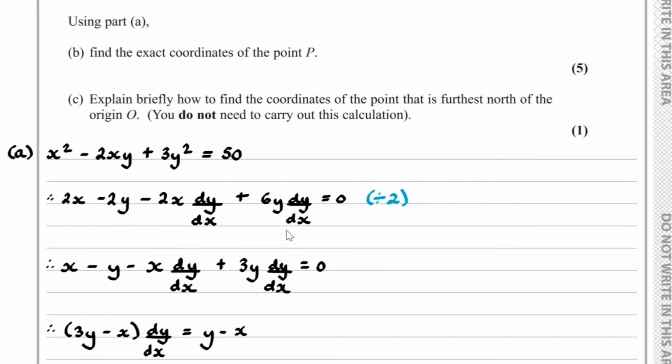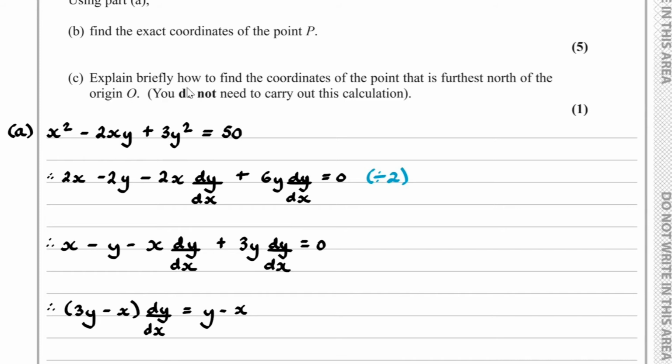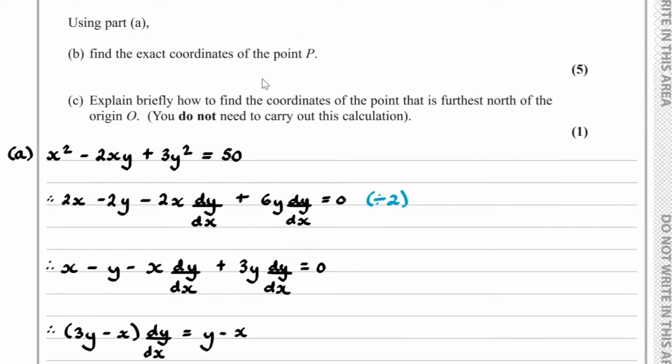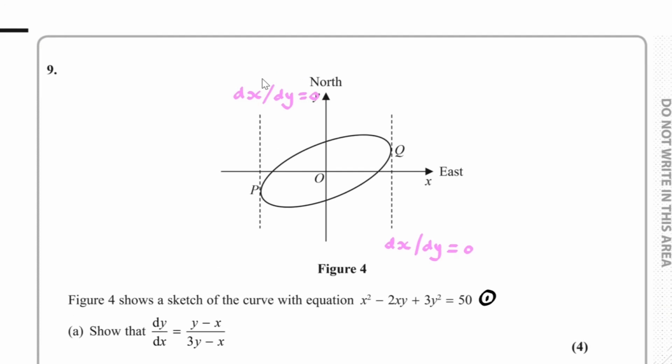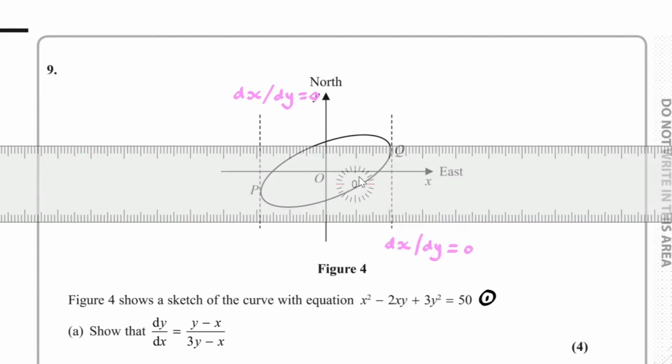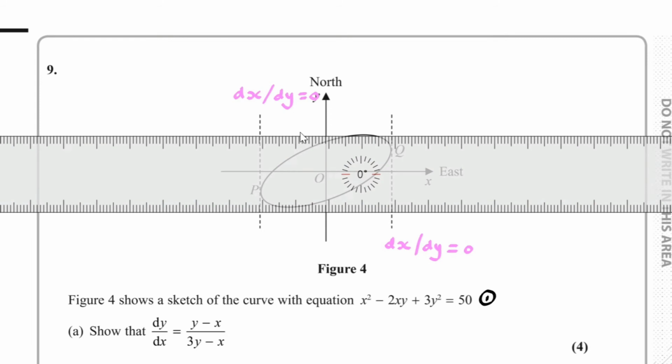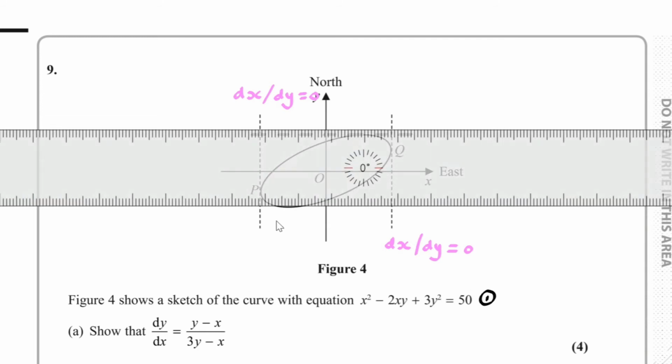And now for part C, we have to explain briefly how to find the exact coordinates of the point that is furthest north of the origin O. You do not need to carry out this calculation. So what we'll do is, if I go back to the question, you can see it's furthest north here, and it's furthest south here.